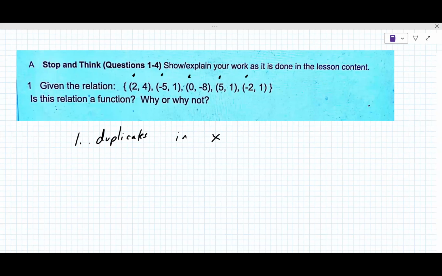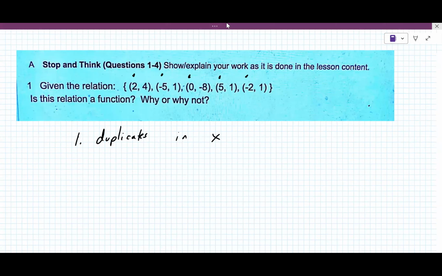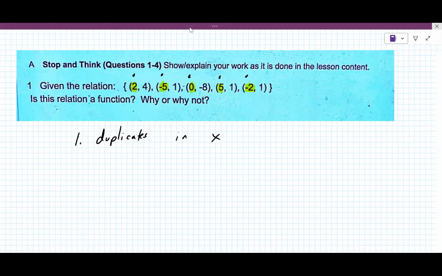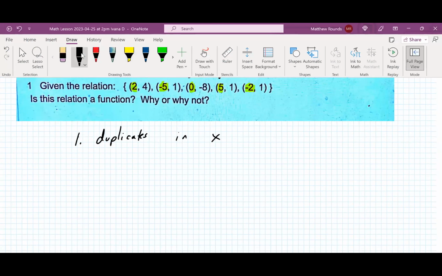I see one's a duplicate. Just in the X values. No, I don't. It doesn't say 2 and -2, it's got to be exactly the same. Then no. So there are no duplicates.